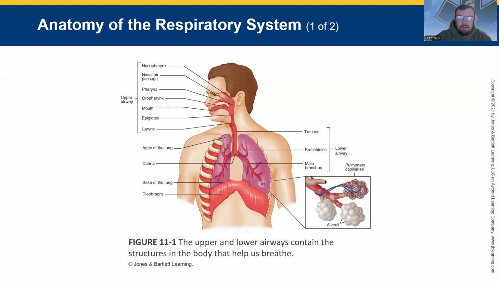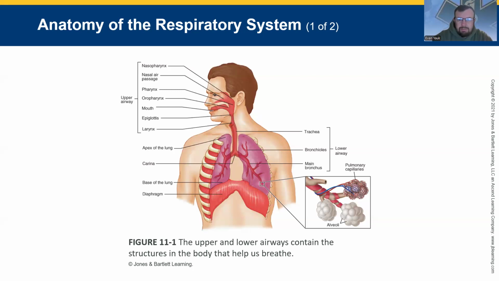If you remember, I described it as a tree. That's going to be your tree trunk, our main bronchus. And then we go into our bronchioles, which are going to be our branches. These are what branch out. And then at the end of that, you've got your alveoli, which, if we're using the tree method, are your leaves.